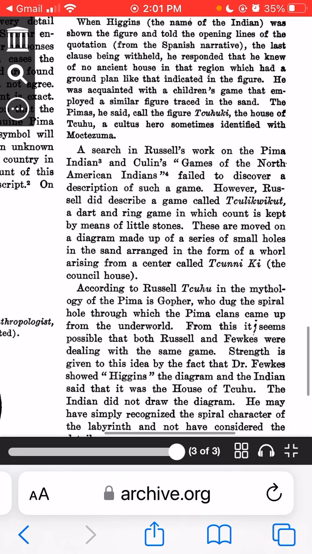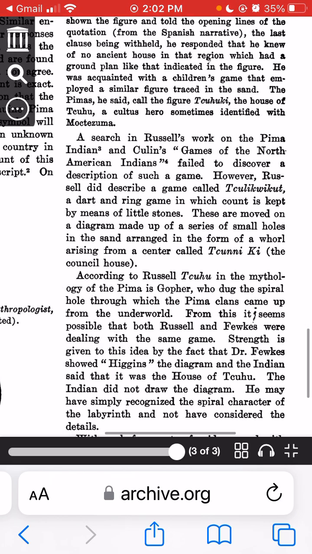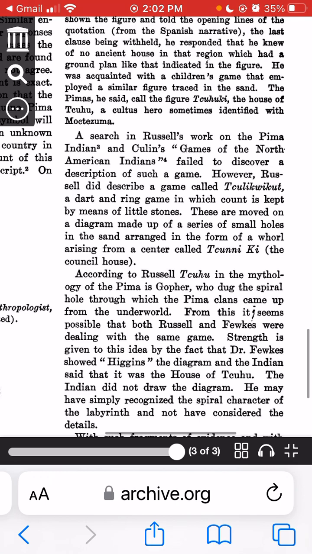He was acquainted with a children's game that employed a similar figure traced in the sand. The Pimas, he said, called the figure Tcuhu, the house of Tcuhu, a cult hero sometimes identified with Montezuma.